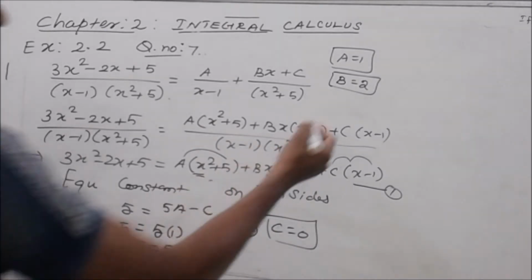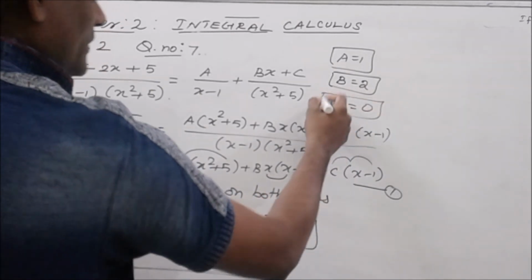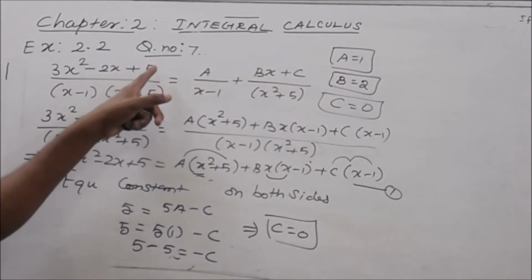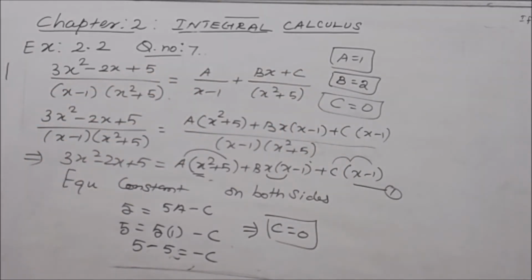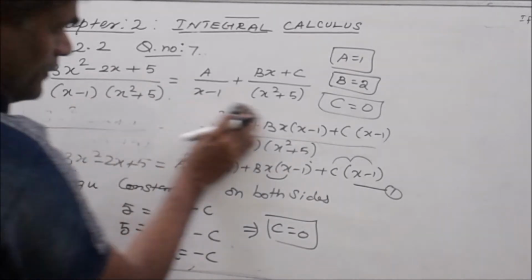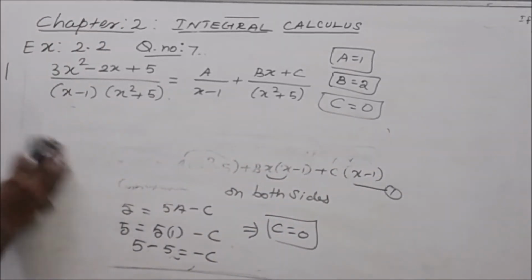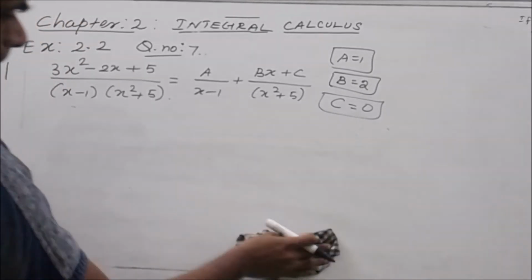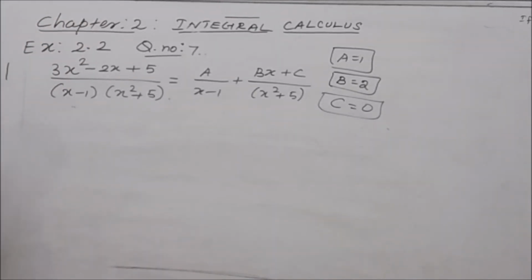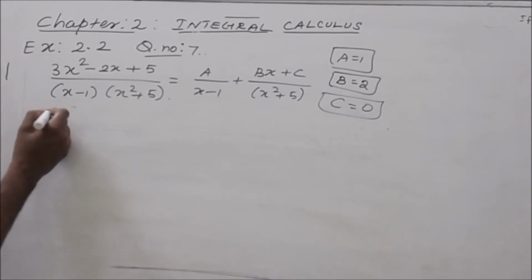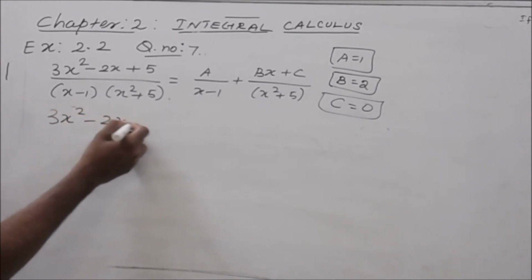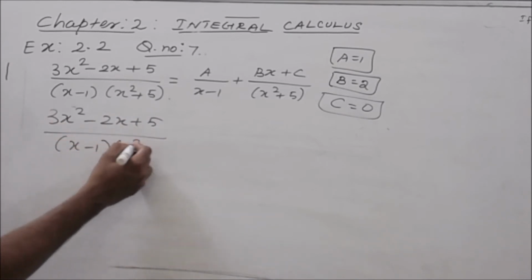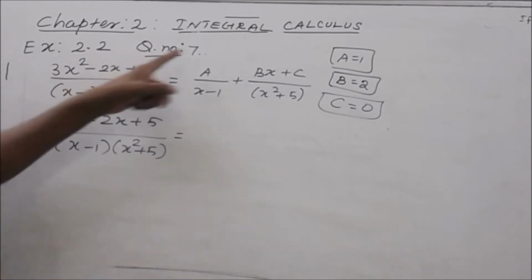Now substituting these three values, c is equal to 0. We are moving to the further step of substituting a, b, c in the given fraction. Now the split value we are getting: substitute here. So (3x² minus 2x plus 5) by (x minus 1)(x² plus 5) will be equal to a by x minus 1.